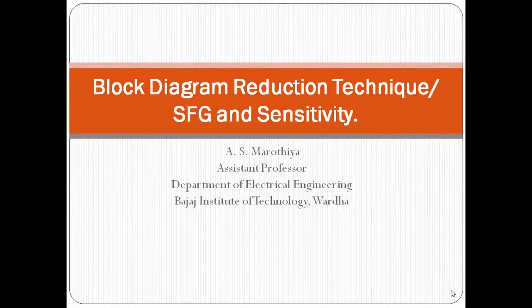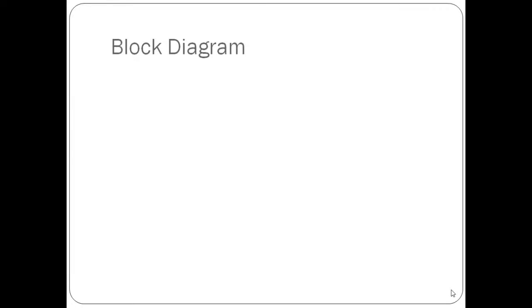In the last lecture, we started one of the most important topics from control systems that deals with the concept of block diagram, and we discussed in detail about what exactly a block diagram is. So, what is a block diagram?